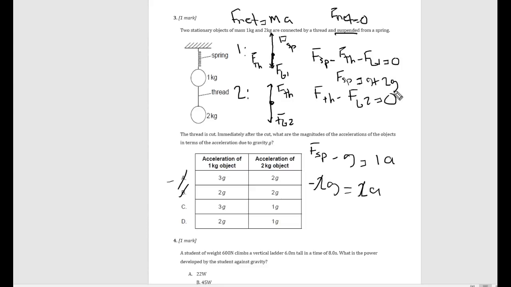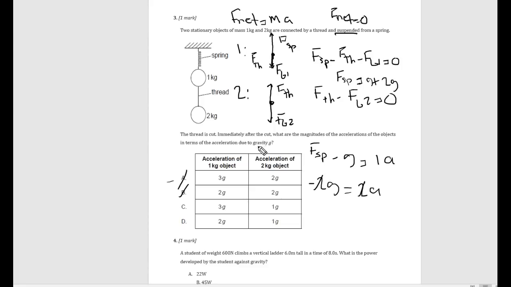Okay, and so the spring not only had to fight against the 1g force from the force of gravity of its own weight, but it also had to fight against this thread pulling it down. So before the thread is cut, spring has a force of 3g. Immediately after the cut, the force from the spring is still 3g. Right?